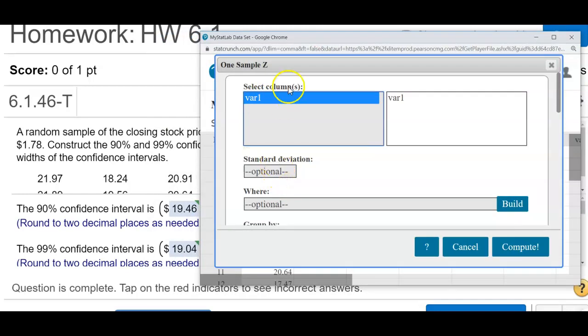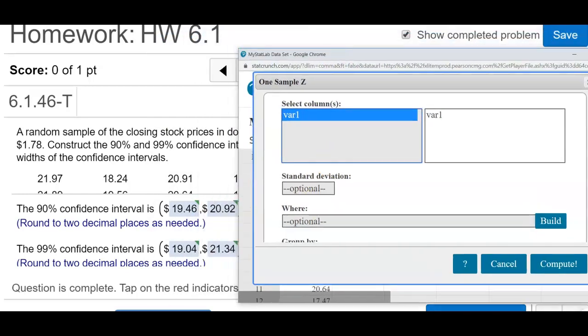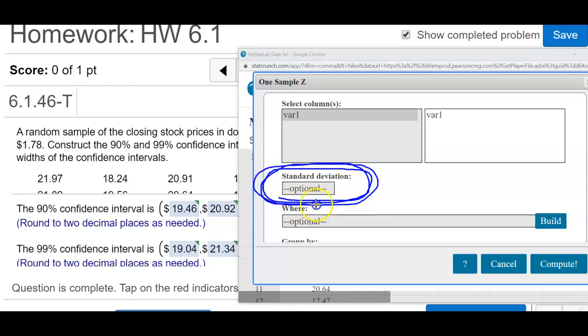Variable. And one very, very important thing is they will say standard deviation is optional, but you have to plug in your standard deviation. If you don't plug in your standard deviation, your answer will be off by a small difference. I'm circling it so many times, so write it down somewhere how important it is to plug in your standard deviation.